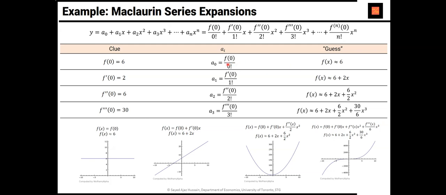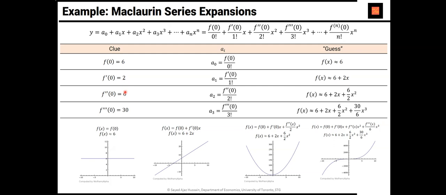So that means right now, at this clue and only this clue, I can guess the function is flat at 6. When God comes along and gives me a second clue that the derivative at x equals 0 is plus 2, using what I saw earlier, I can now write down the function as a0 plus a1 times x. And now I say, aha, at this point, the function is 6 plus 2x.